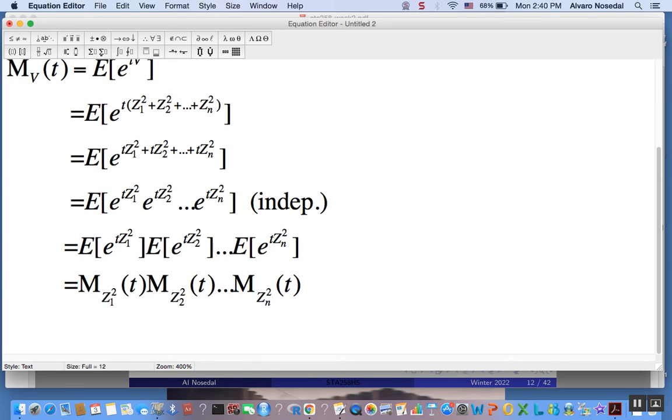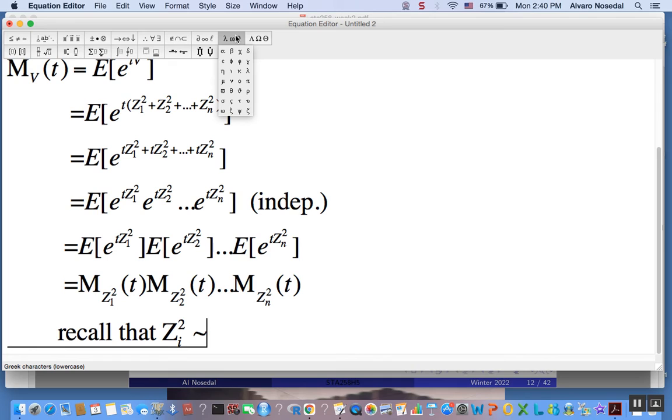Now they are identically distributed. They have the same distribution. And let me remind you about that, recall that the distribution of Z1 squared, or we could say Zi squared, any of those, is going to be a chi-square with 1 degree of freedom.